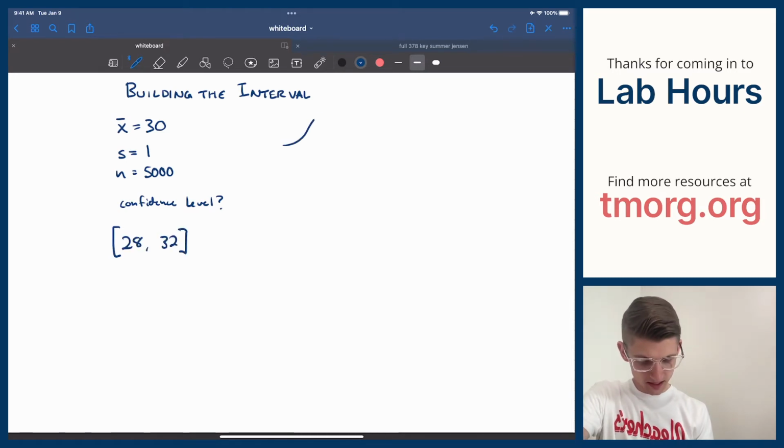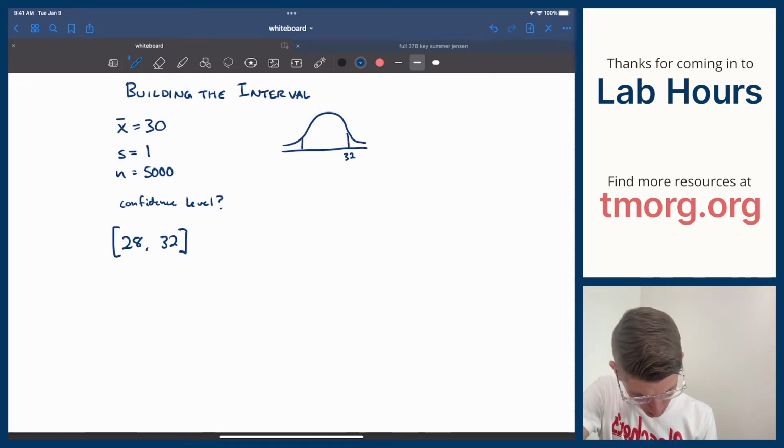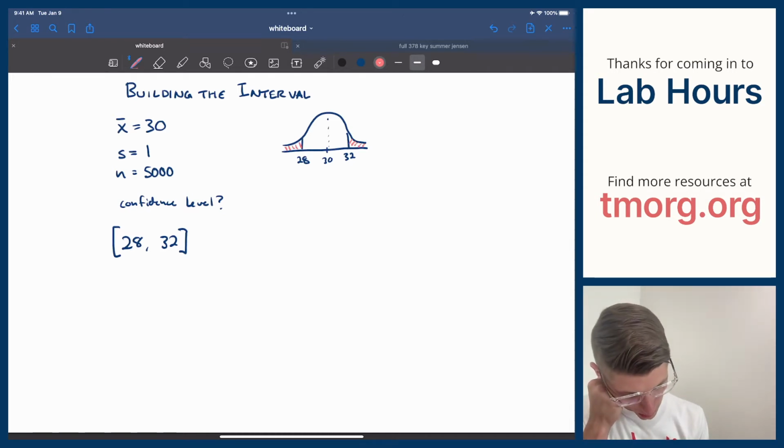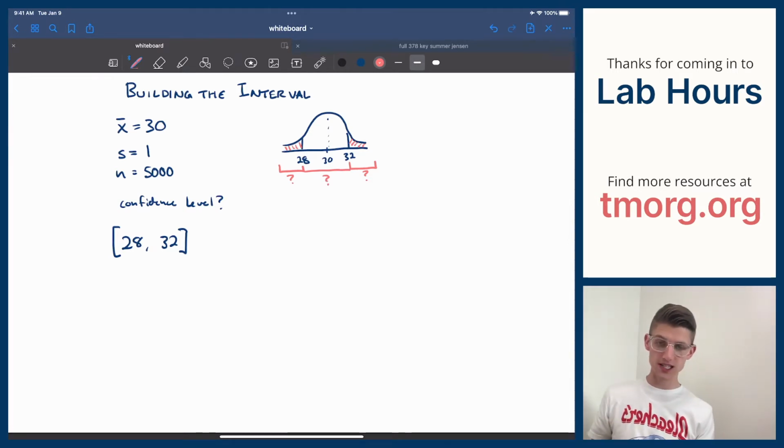So just like we drew in the last little graph, they gave us a graph such that we had 32, 30, and 28 as the bounds. What we're really interested in figuring out here is, what were the probabilities on the outside? Or what was just the probability on the inside?